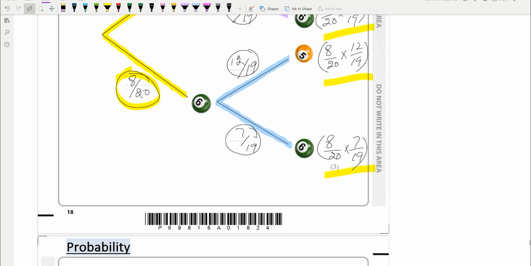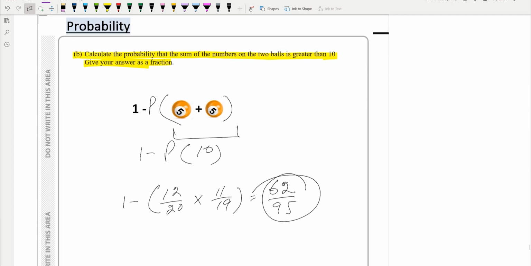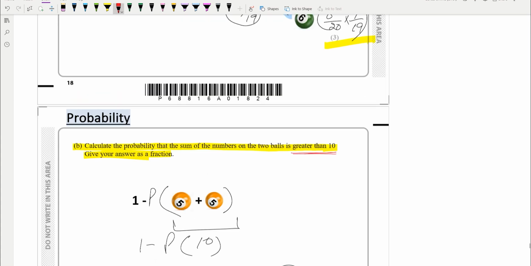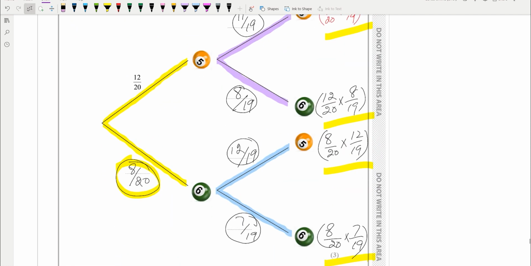After completion of the tree diagram we are calculating the probability that the sum of the numbers on the two balls is greater than 10. To calculate greater than 10 we can calculate all these probabilities. For example, 5 6 is greater than 10, 6 5 is greater than 10, and 6 6 is greater than 10.